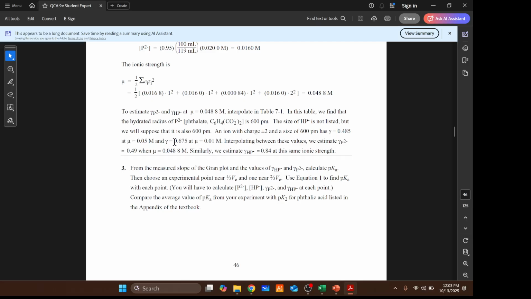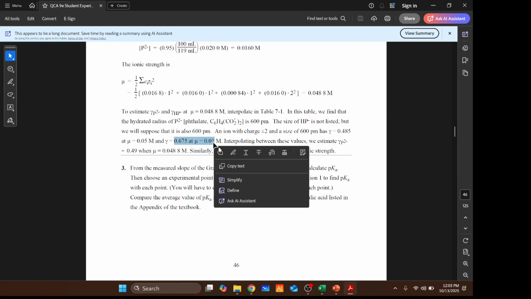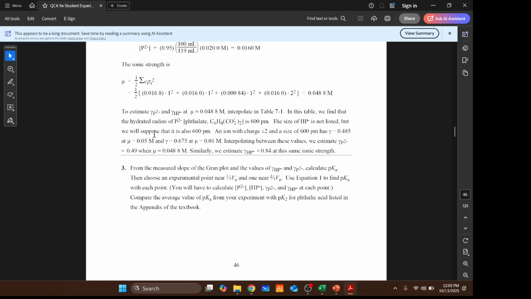And what you'd see here is that if we had an ionic strength of 0.01, well, we'd be this value, right? So what we end up seeing here is we actually have to interpolate between these two values on this table because we are not at a 0.01 and we are also not at a 0.05, are we? And so we're going to estimate our best between these two values.